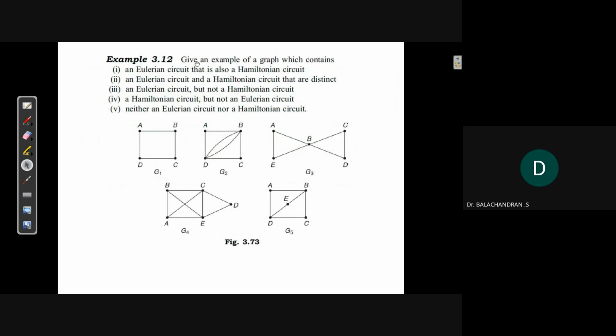Next, give an example of a graph which contains both an Eulerian circuit and a Hamiltonian circuit, but both of them are distinct. For the second one, this is an example.